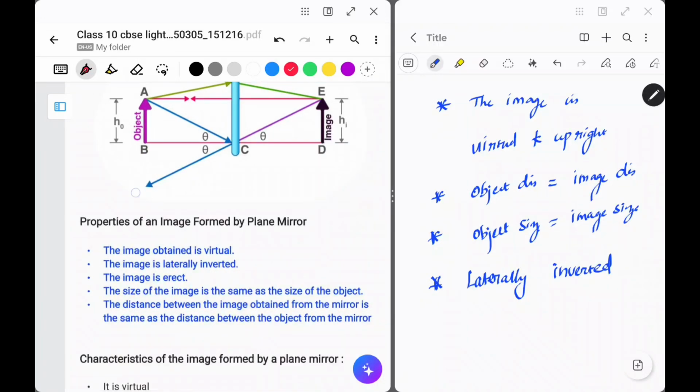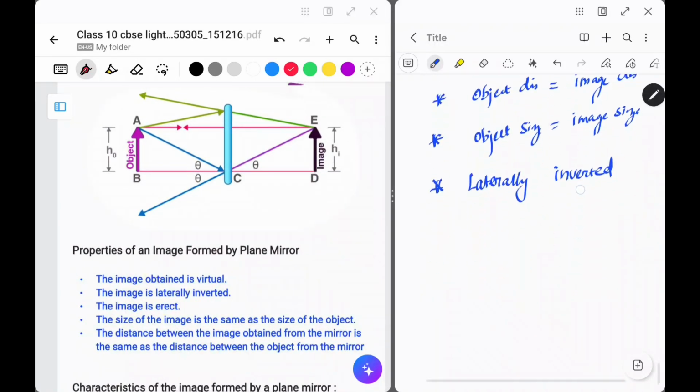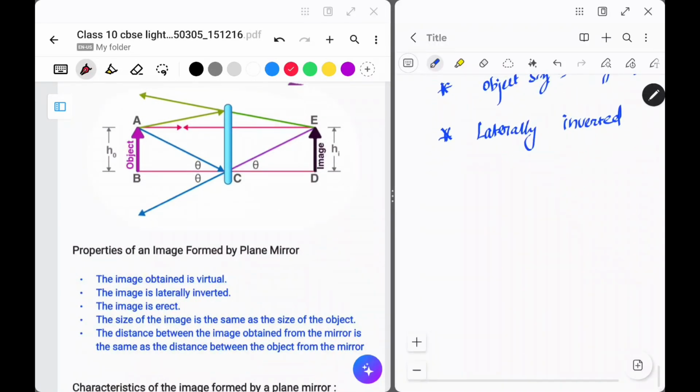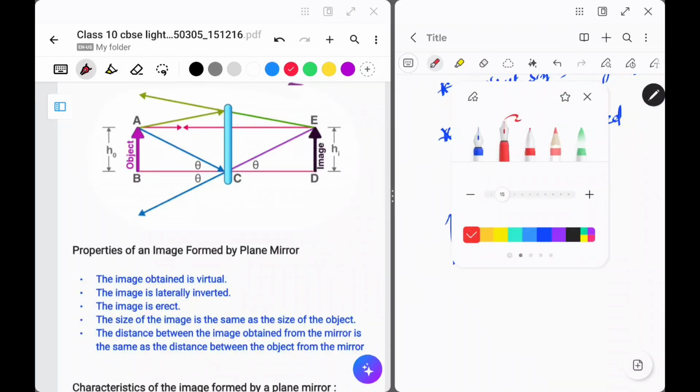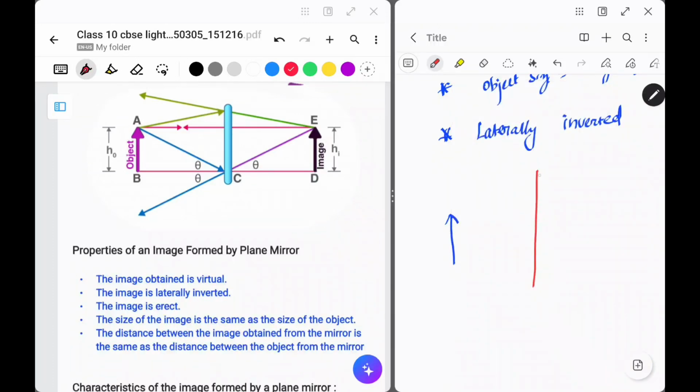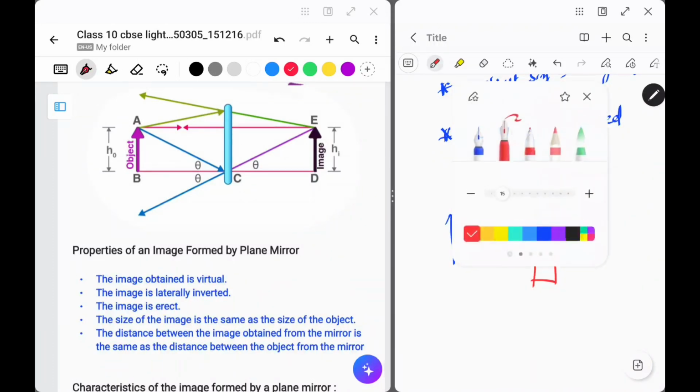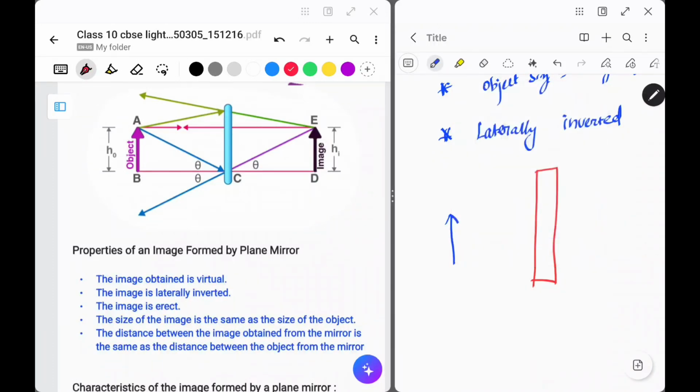Using this diagram also we can imagine. Can you see this? I will show you. So listen, this is an object, okay? This is a plane mirror that is kept, okay? We already know the image will be formed here.